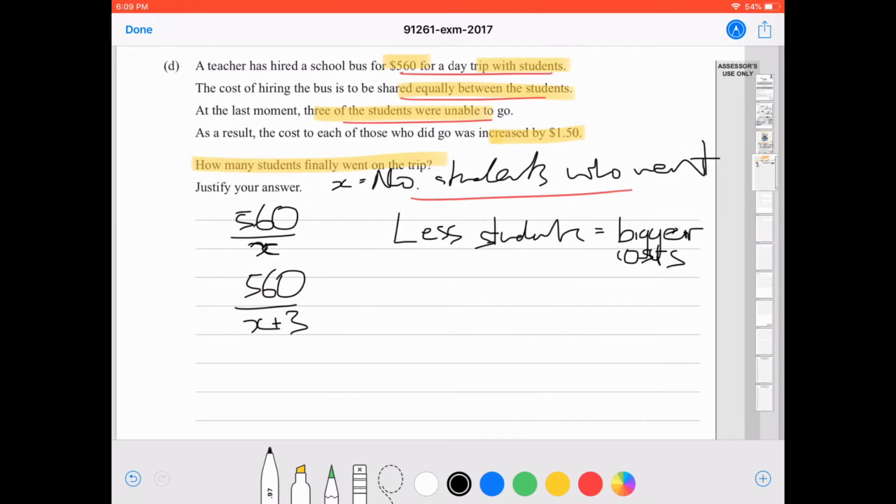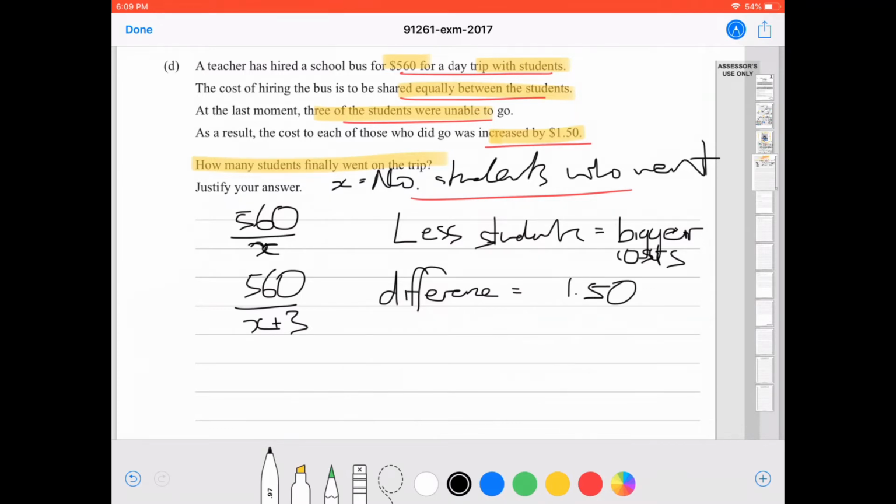Now, where are we going with this? Well, we've said less students equals bigger costs. We could also say, if we think about the cost to each of those who did go, it was increased by $1.50. So the difference here is basically the difference or increase, whatever you want to call it. The difference was $1.50.